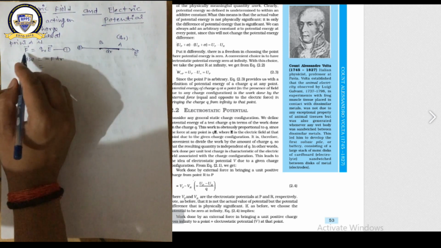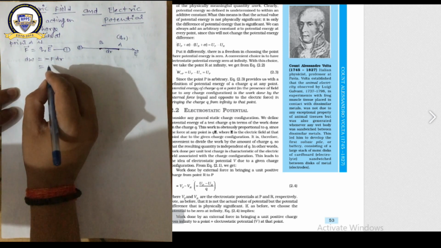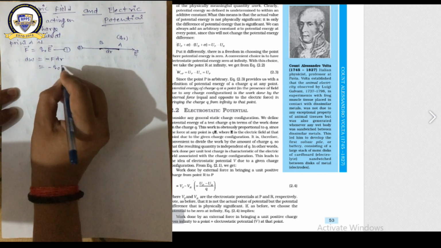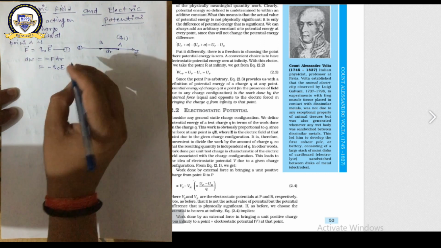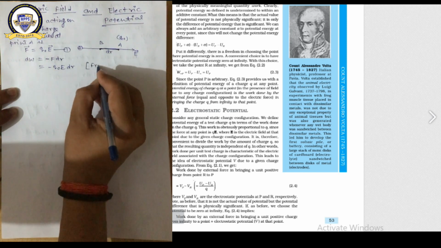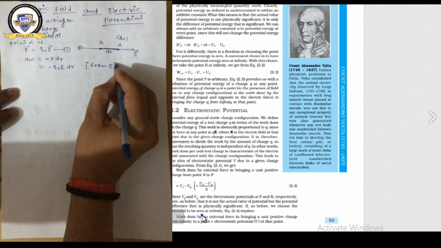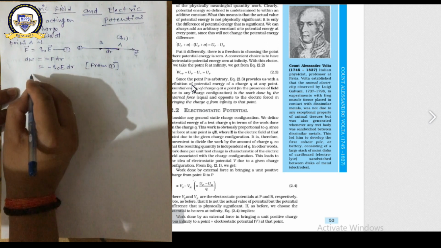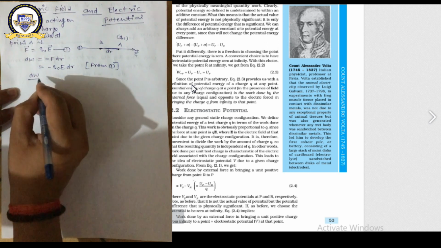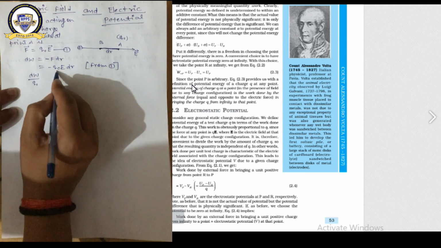This is equal to, the value of F is given, q naught E. So we can write minus q naught E dr. Now dw upon q naught, so transfer q naught to the left side.